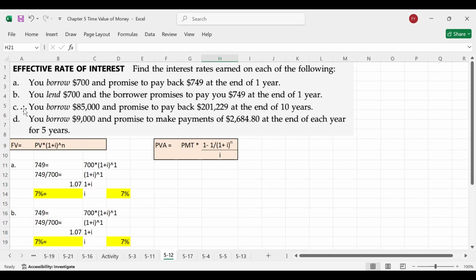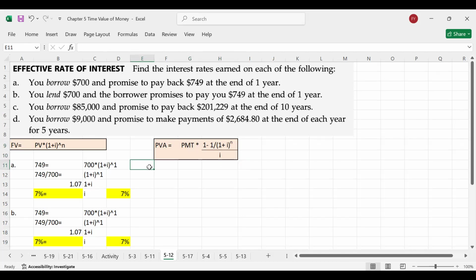The first three examples are related to single values, whereas part D is related to multiple payments, which means that annuities are involved. So in this case, you borrow 9,000, so this 9,000 represents value today. So this is present value.